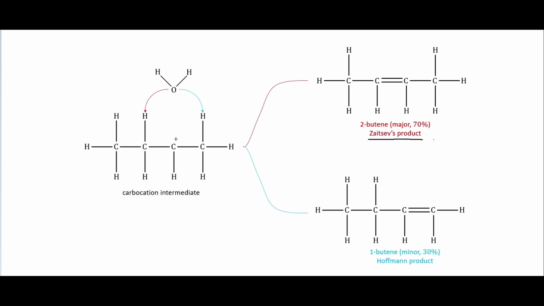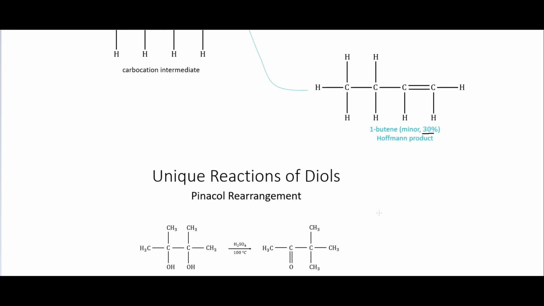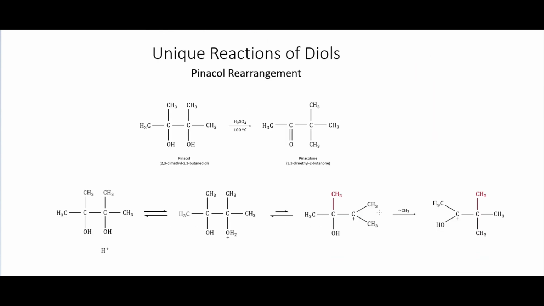So that would be, in this case, the 2-butene. And so we can get that, and that'll be about 70%, and the 1-butene would be 30%. And so we end up getting a mixture of these two products when we try to do the dehydration using a primary alcohol.